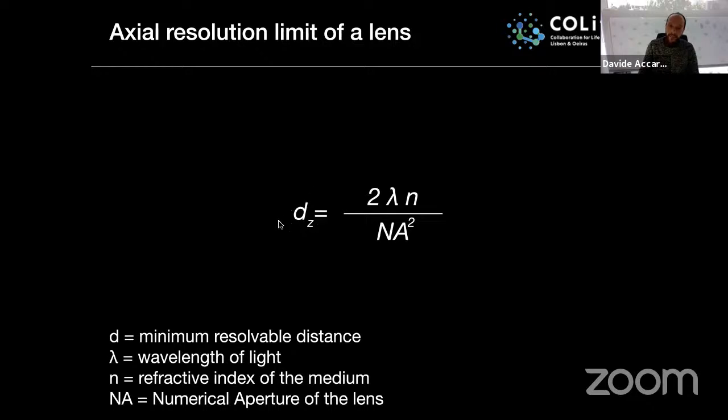The minimum resolvable distance in Z is equal to 2 times lambda times n, which is the refractive index through which the lens will look, divided by the numerical aperture of the lens to the power of 2.